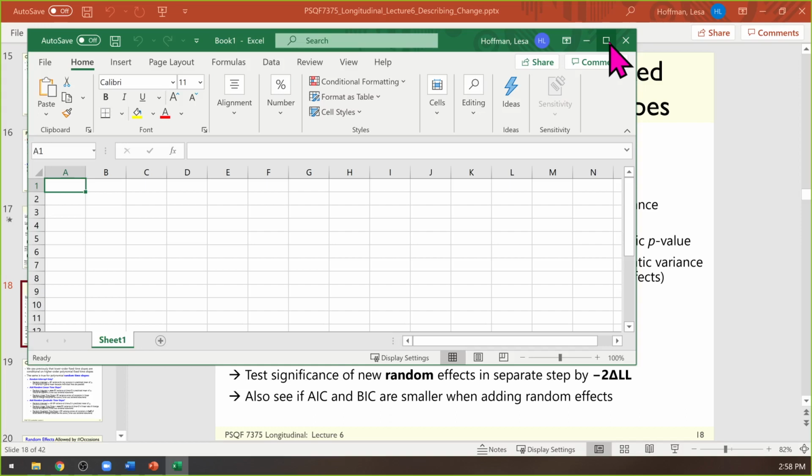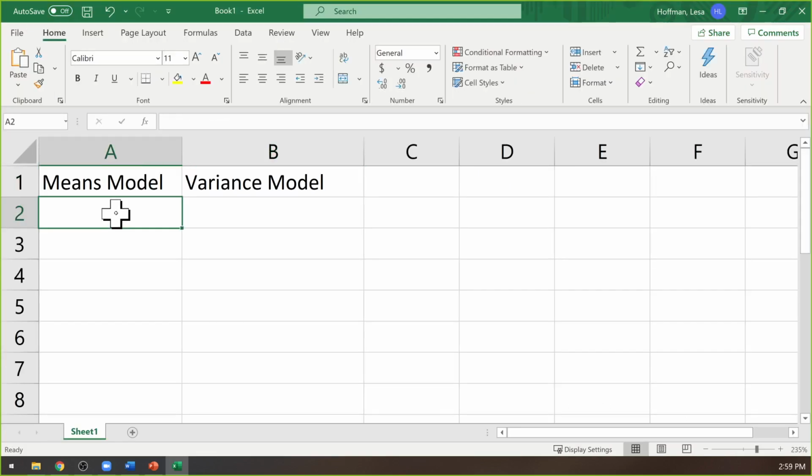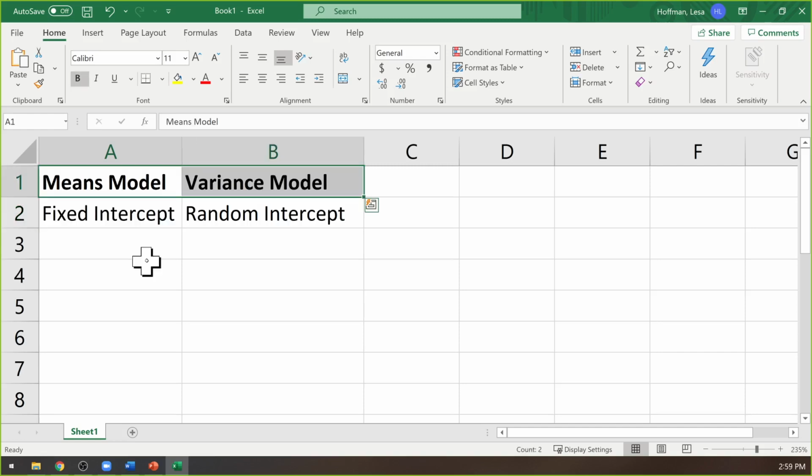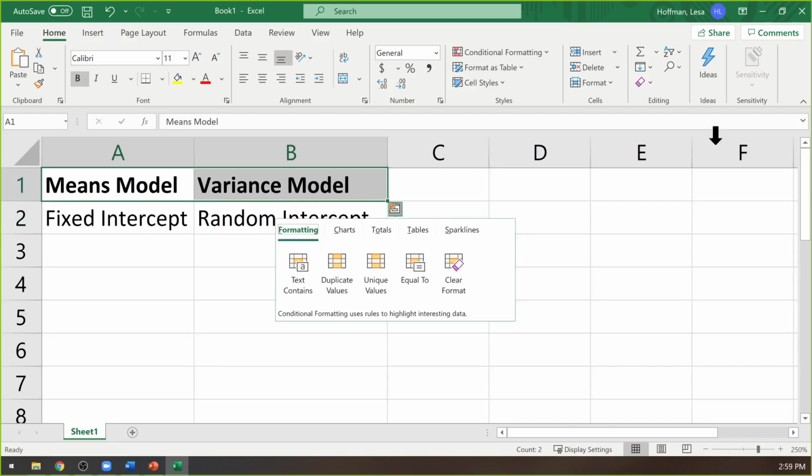Terms, hierarchies, what things mean. So if I have the mean side, means model, variance model. So I can have, say, a fixed intercept here. I can have a random intercept here. What would I call this? If I have a fixed intercept on the mean side and I have a random intercept on the variance side.